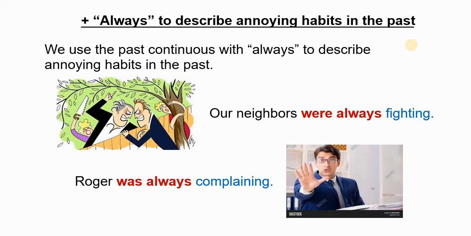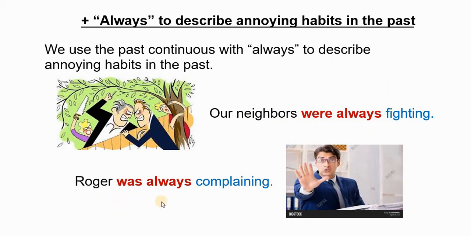This is a negative feeling to this use. Example, our neighbors were always fighting. So, we are not only stating a fact here, we are also giving a judgment. There is a real negative feeling to this sentence. Our neighbors were always fighting.